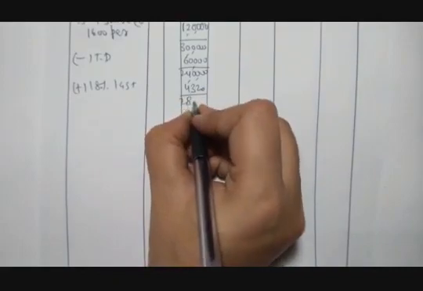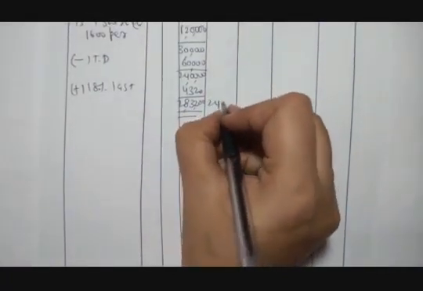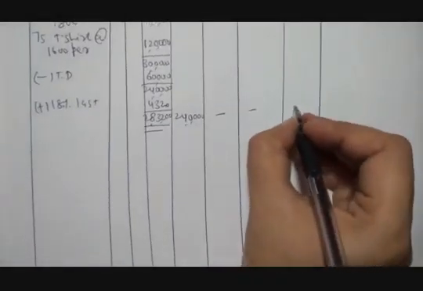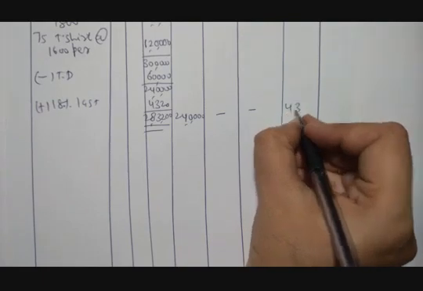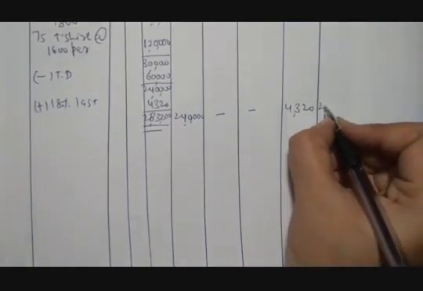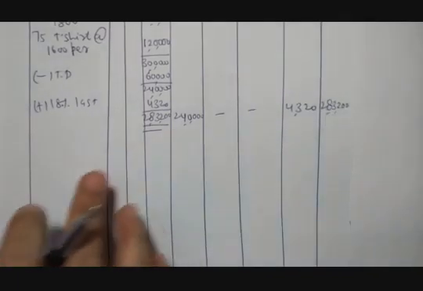So the amount is 2,83,200. Now we have to mention all this in all columns: 2,40,000 purchase amount. CGST, SGST no. IGST, under IGST we will write 4,320, and under the total column we will write 2,83,200. Understood till now?